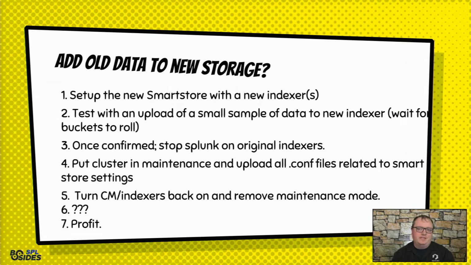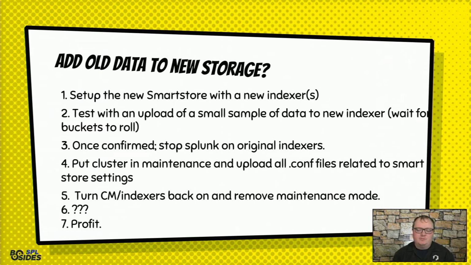Once that's done, you have indexers running. Depending on if you're just going to migrate them, if you have clusters, put them in maintenance mode, shut them down, make sure all the configs are updated, server.conf, indexes.conf, and set up for, hey, I'm using SmartStore. Turn them back on, and then magic happens.